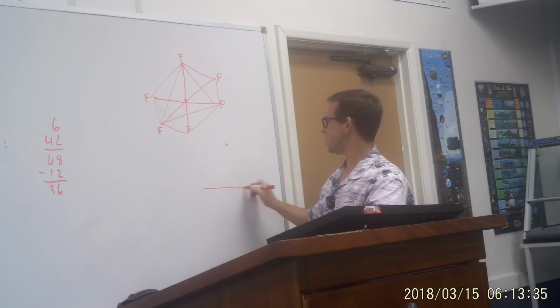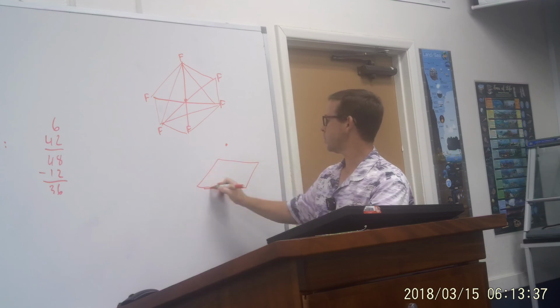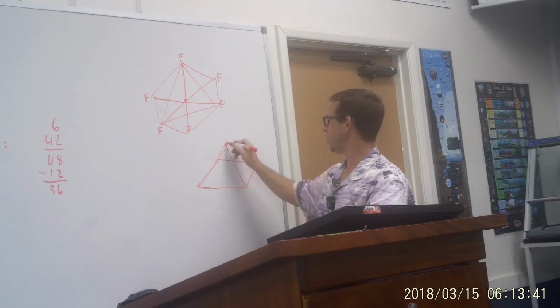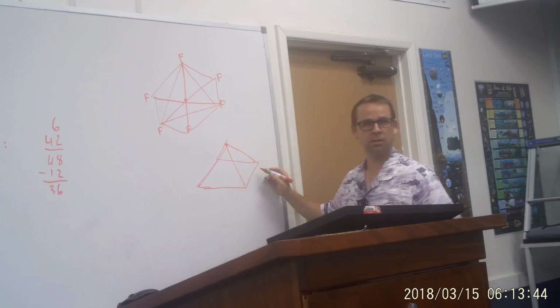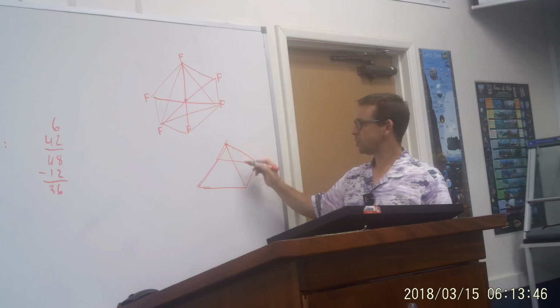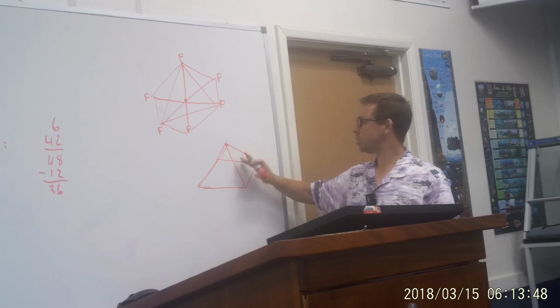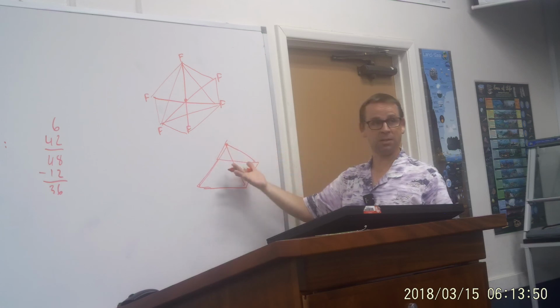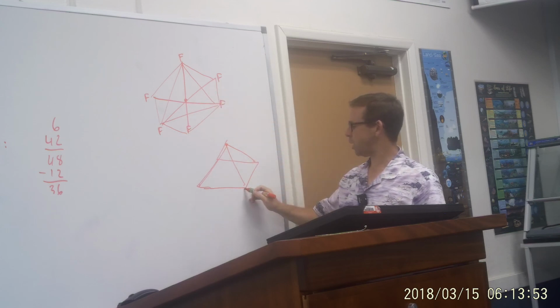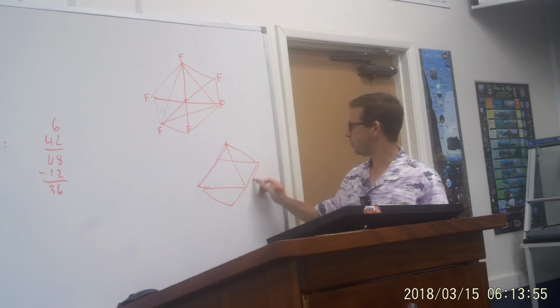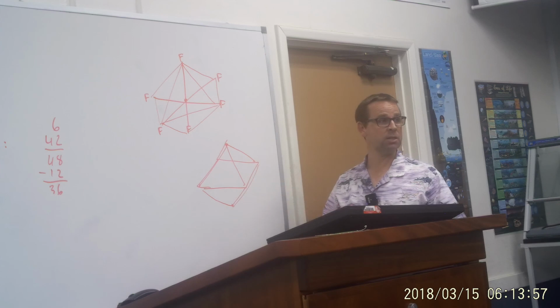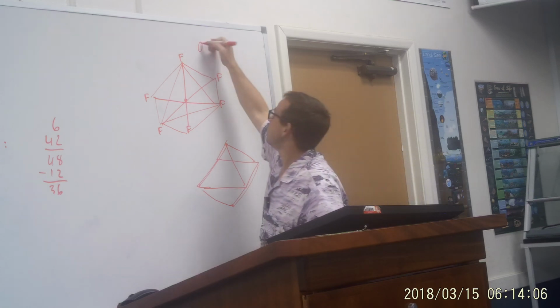Here's the base. It's a square base. 1, 2, 3, 4. So how many sides? 4. This is a pyramid with 1, 2, 3, 4 sides. There's the base. But this is going to also have another pyramid on the bottom that has how many sides? 4. So 8 sides altogether. So it's called octahedral. Hedral meaning sided. Octahedral.